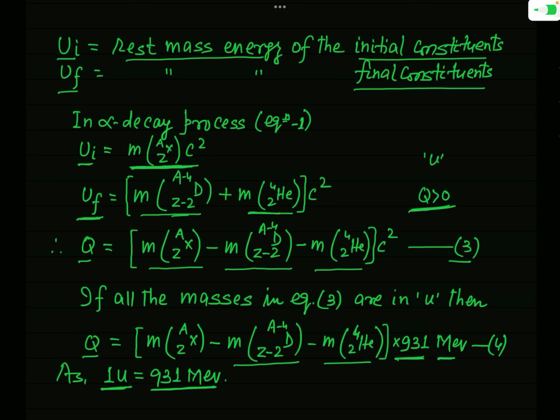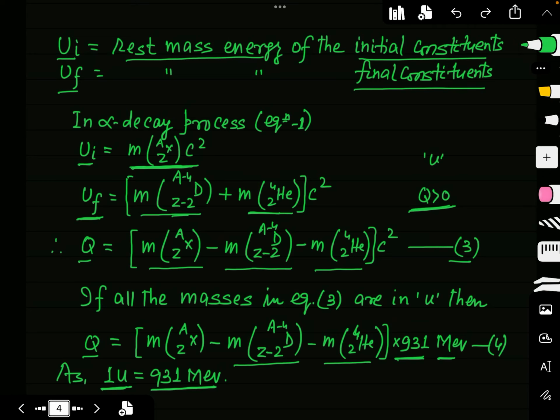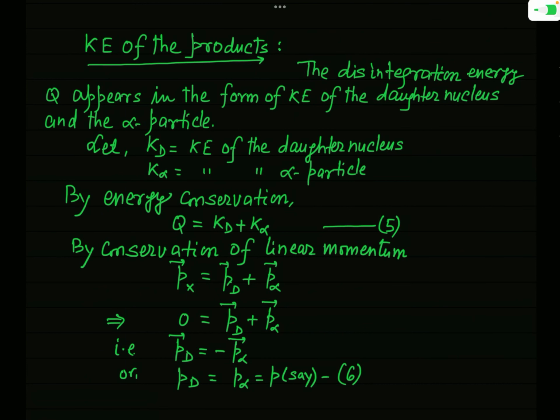This is a very simple concept, but very important for competitive examinations. In competitive examinations, you will be asked to find the Q value of a nuclear process, particularly the alpha decay process. All the masses will be given and you have to simply put in that formula and the numerical values and you will get the Q value.